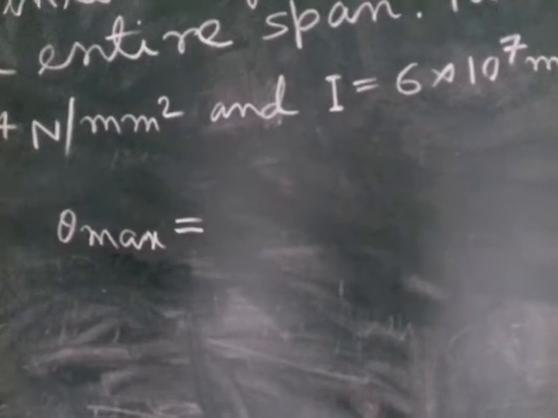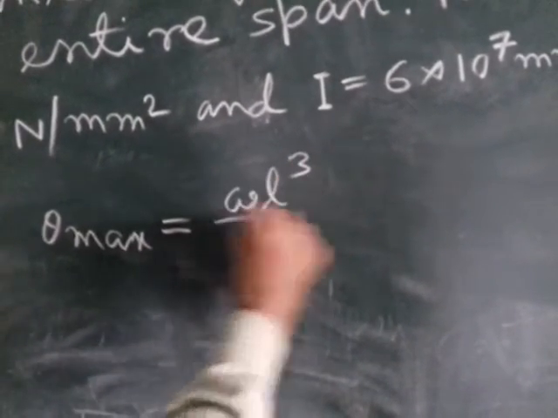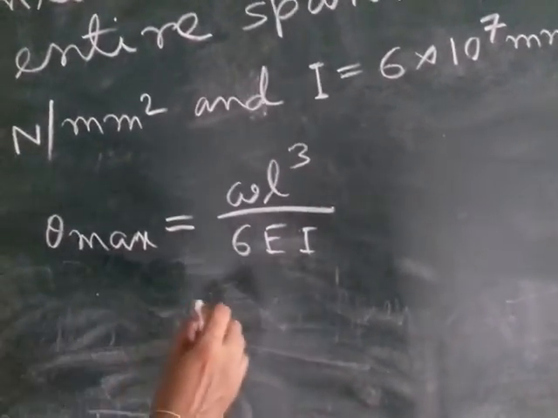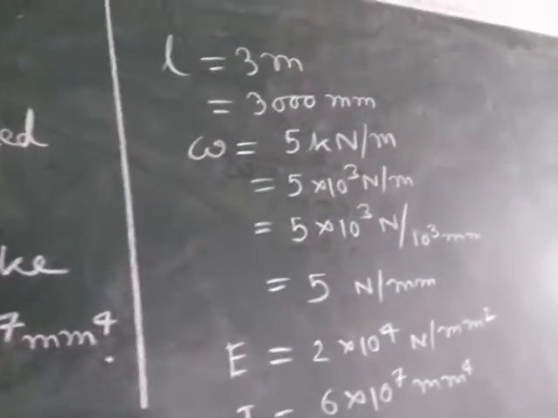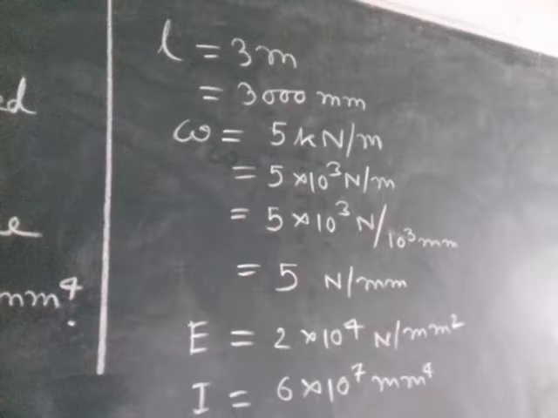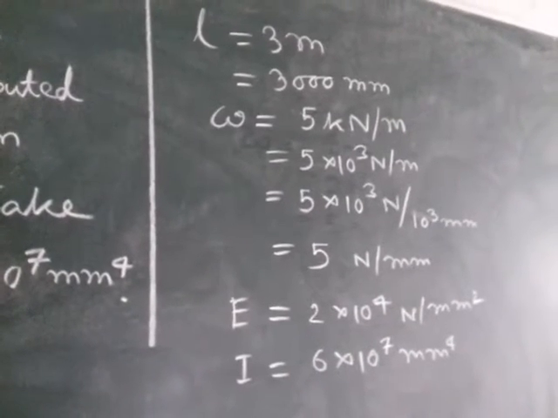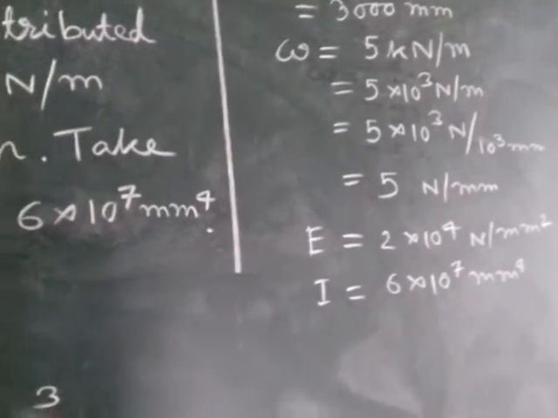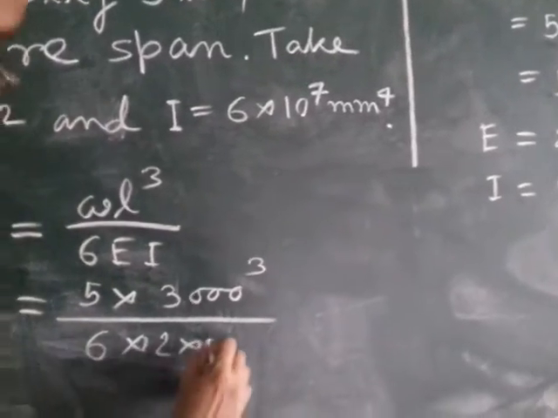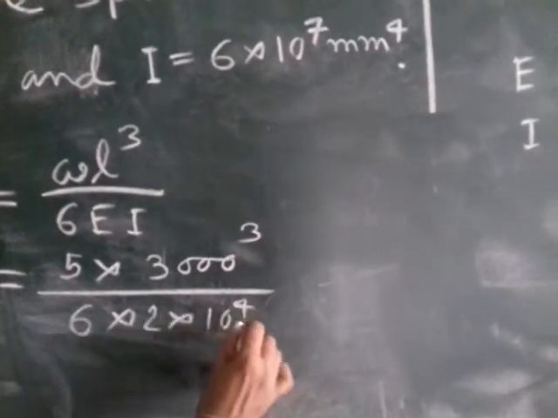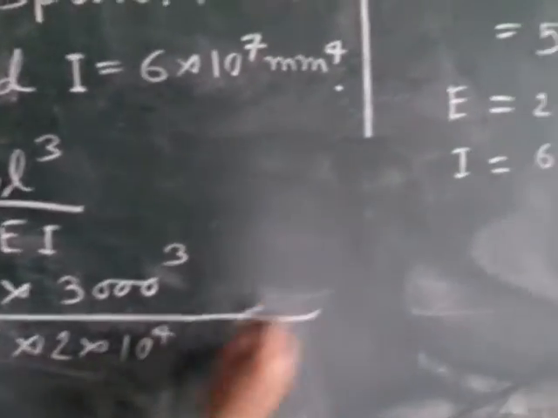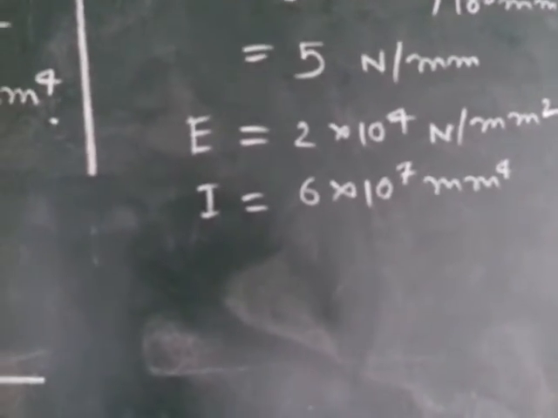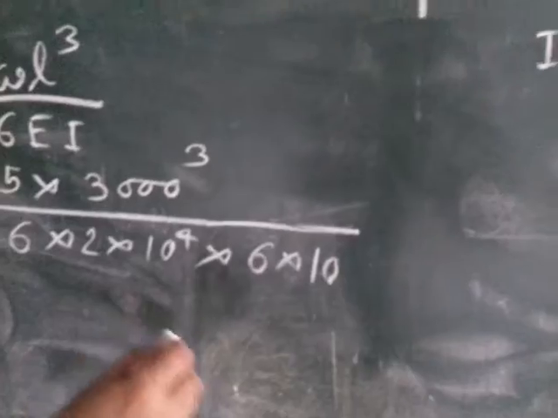Here we know the formula as theta max equal to WL cubed by 6EI. So putting the values: 5 into L, which is 3000 cubed, divided by 6 into E, that is given as 2 into 10 to the power 4, into I, given as 6 into 10 to the power 7.